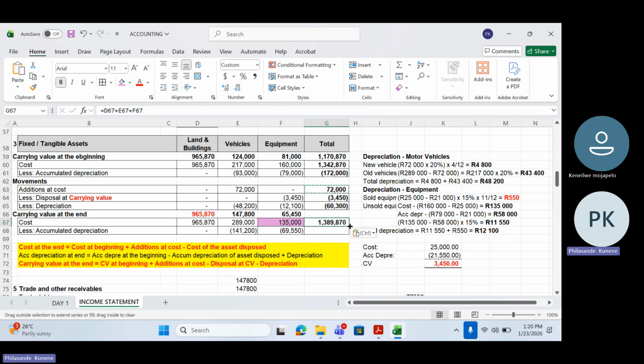Then you sort it. Can you see how easy the fixed asset note is to do when you understand these other formulas? Yes.